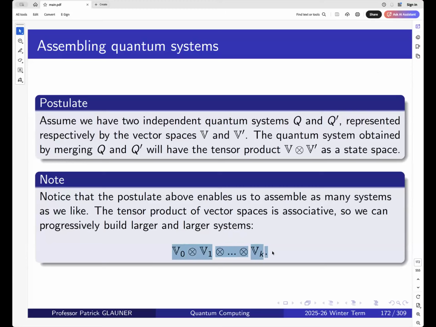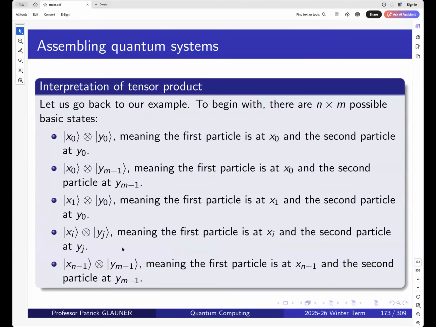We can have many systems, so the tensor product of vector spaces is actually associative, so we can progressively build larger and larger systems. And if you imagine now this would be the one qubit and the other qubit and so forth, we actually want to be able to combine more than two qubits if necessary. And it's something we will need, as you see, next week.